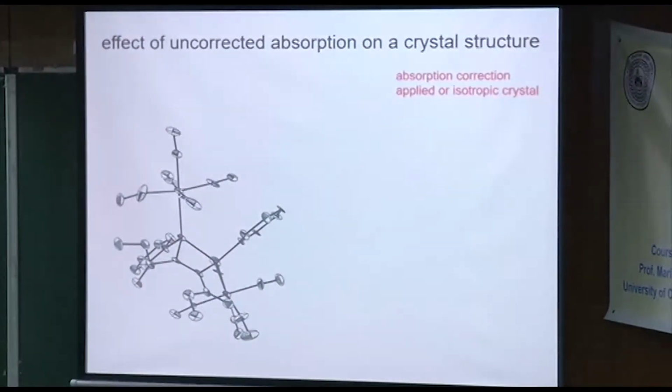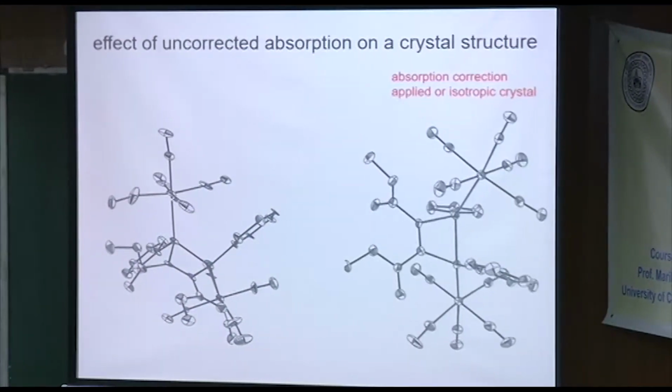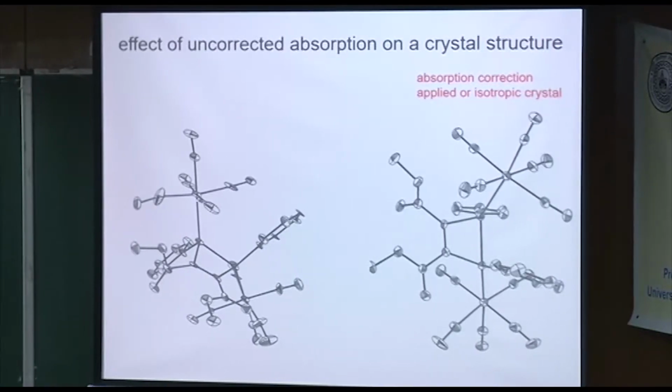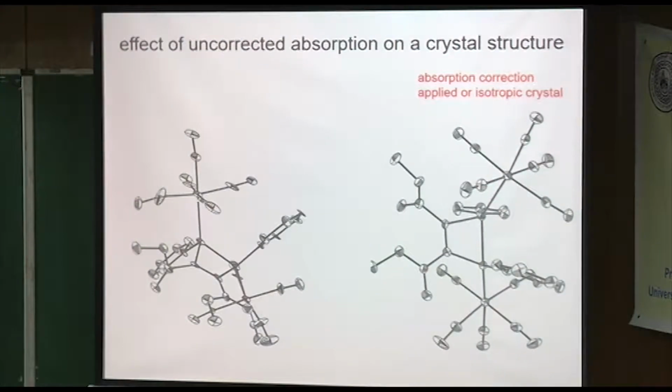Yeah. So let me show you the difference, though. This is the same crystal. I just applied the absorption correction, and on the right-hand side, you see how different it looks. We're showing the anisotropic thermal ellipsoids, so that makes it look more dramatic. But they all look more in line with one another, and rounder, not so skewed.